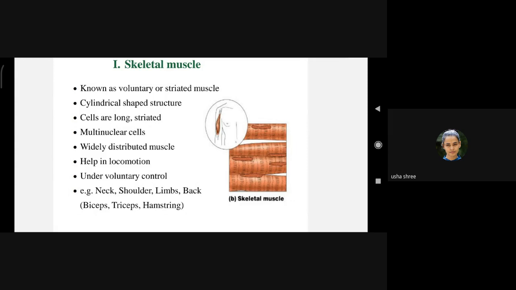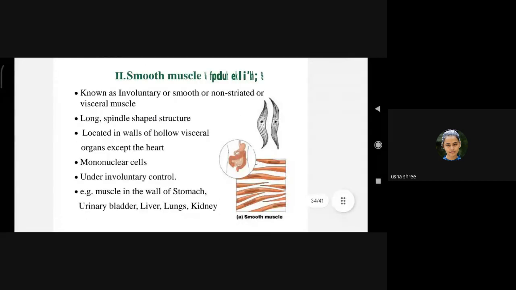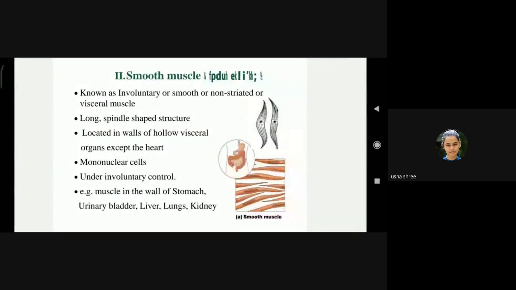So we will proceed. Smooth muscles. Smooth muscles are known as involuntary, smooth, non-striated or visceral muscles. These are the names of smooth muscles. You have to remember these.